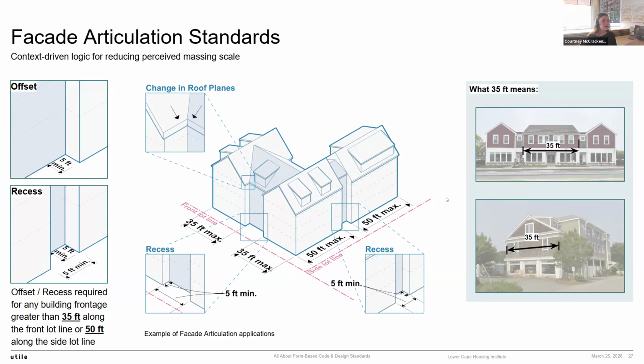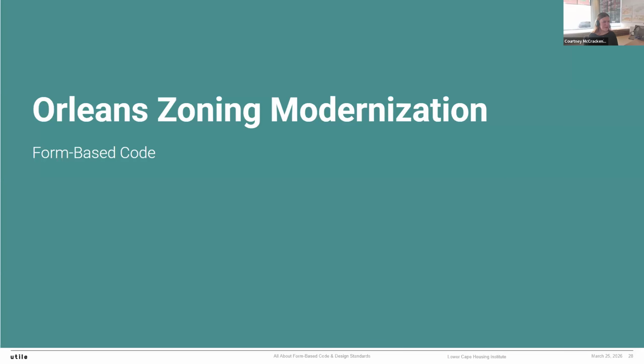So facing the front lot line, you could go 35 feet maximum before you had to have an offset or a recess. And if it was a side lot line or something that was not facing the lot line at all, you could go up to 50 feet max before you had an offset or a recess. And I believe that's it for Provincetown, and I'll pass it over to Loren to talk about our work in Orleans.